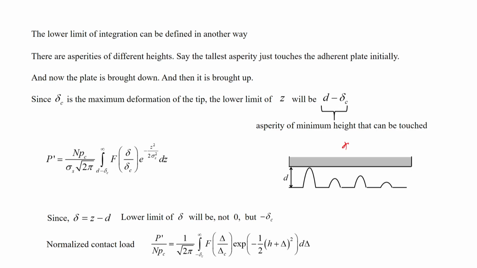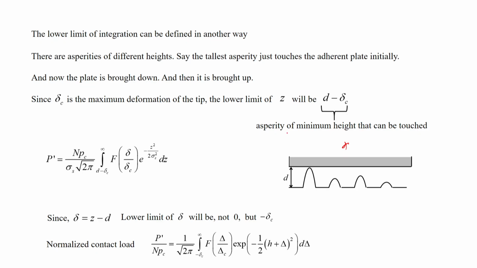So the question is what is the maximum deformation of the tip that we can go to. That is the idea: the asperity of minimum height that gets in contact will have delta c, the maximum amount of deformation that it can have, the pull-off deformation.